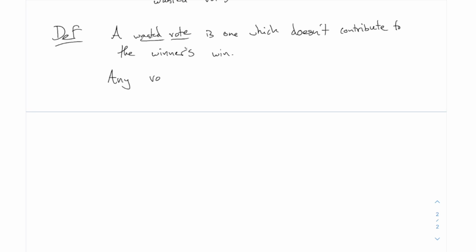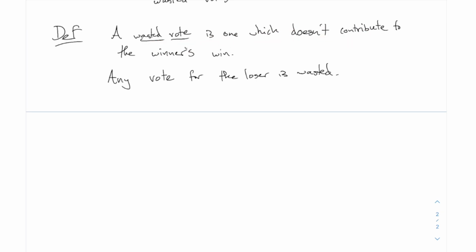Because, of course, there are people who vote for the winner, and there are also people who vote for the loser. So the way that you count up wasted votes is any vote for the loser counts as wasted. Just because if you don't vote for the winner, then your vote does not contribute to the winner's win. That's the definition of wasted, a vote which does not contribute to the win.